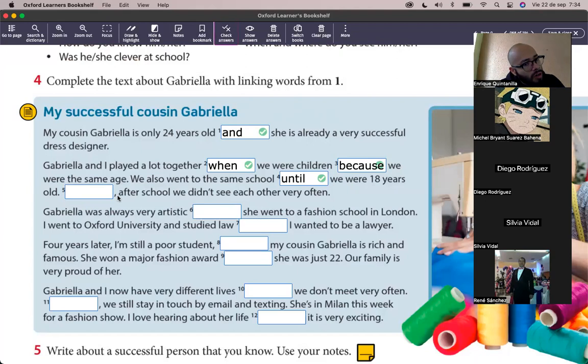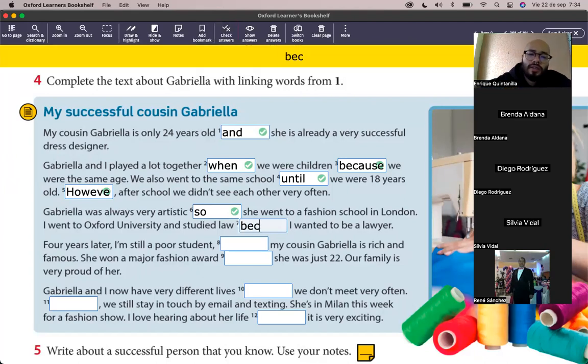Tenemos un period y una coma. However is correct. Gabriela was always very artistic. So, let's see if you were correct. Correct. 7.